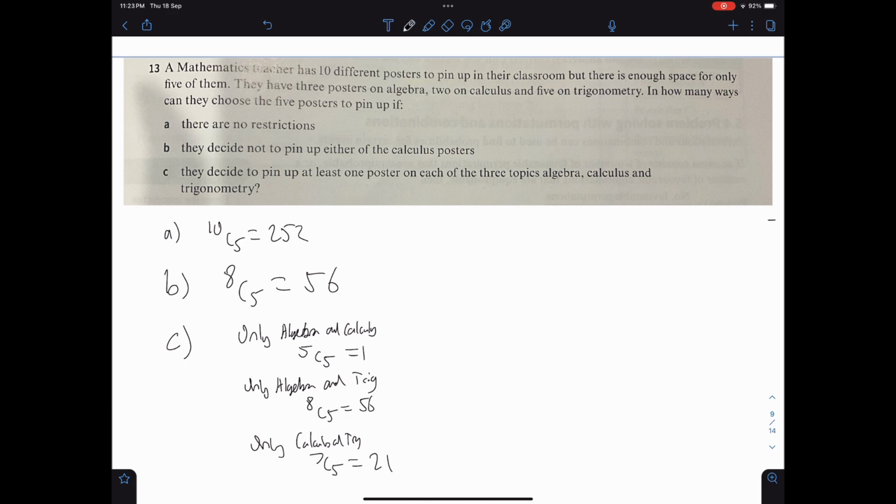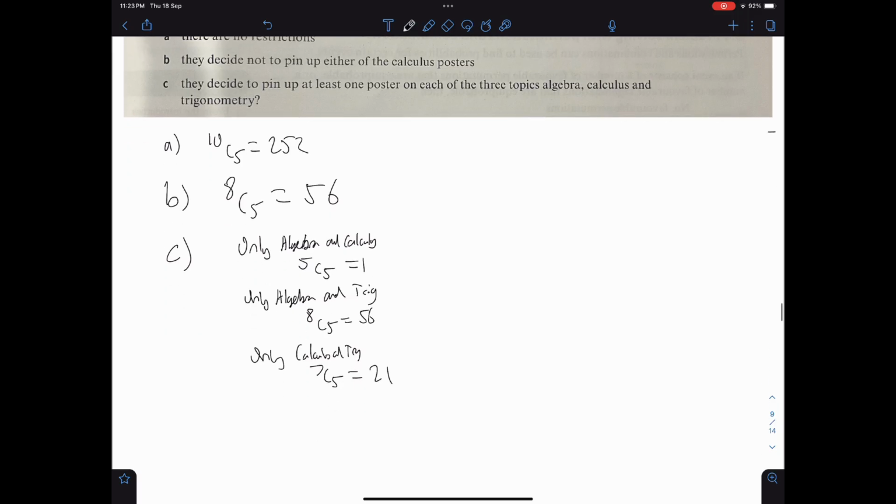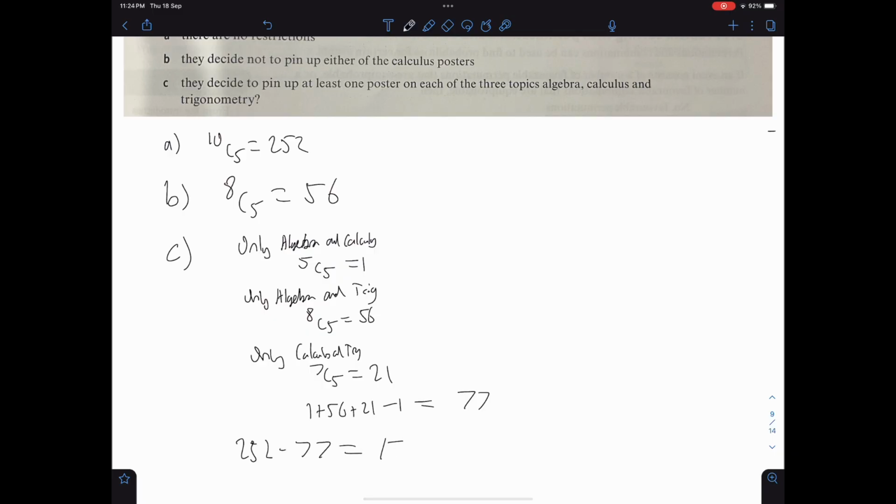And if we did only calculus and trig, we could also have 5 trig posters, which means we will have to subtract 1 to account for that. And so then we simply do 252 minus 77, which is 175.